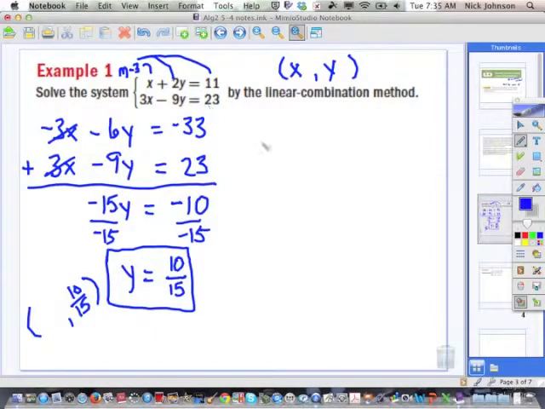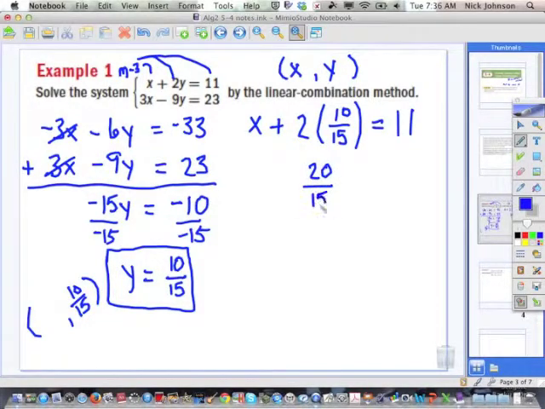So I'm going to put it back into the top one. x plus 2 times 10 divided by 15 equals 11. Okay? So 2 times 10 divided by 15 is 20 divided by 15, right? And then to get x by itself, we have to subtract 20/15.